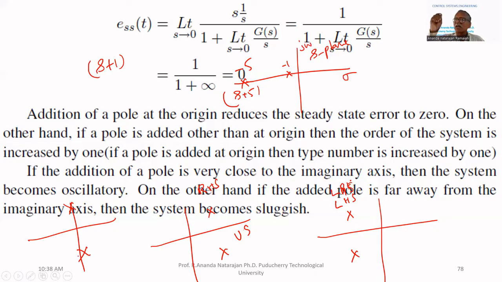So if you put a pot, you can adjust the resistance value so that you are moving the poles. Suppose the poles are here. After giving the connection, you are adjusting the resistor so that you move them to the j omega axis. That is what you do in the lab.